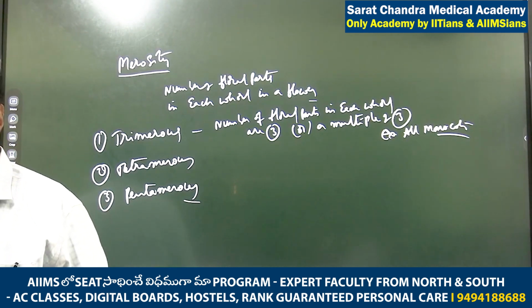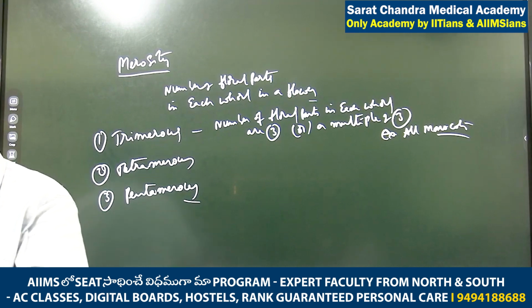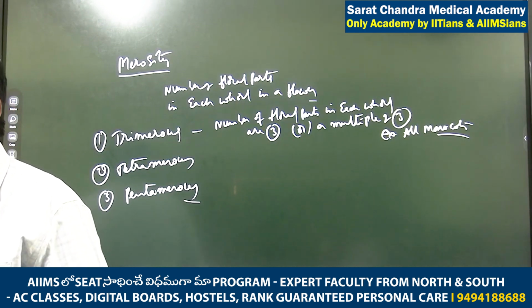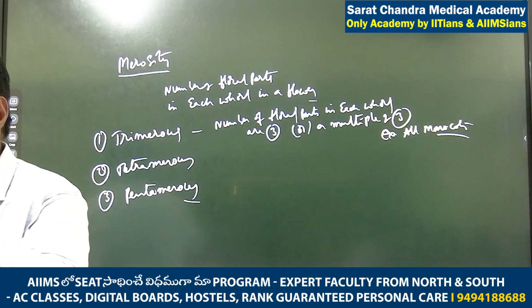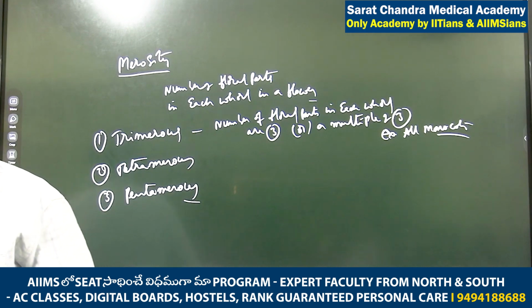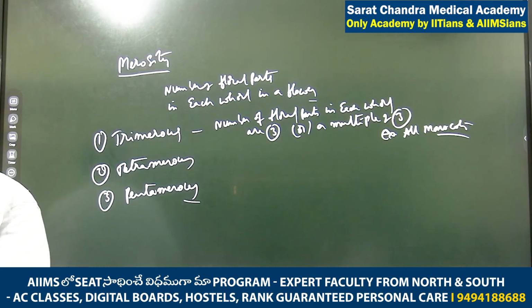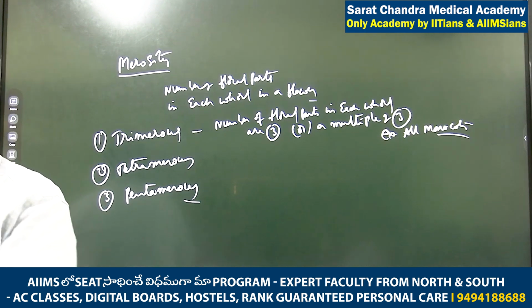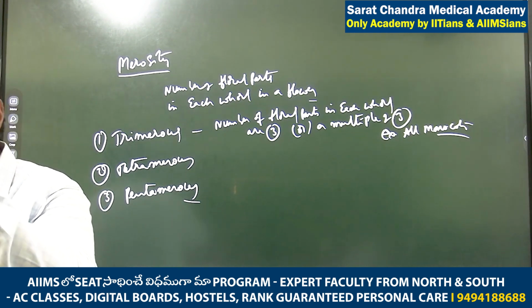Suppose in Fabaceae, the number of sepals is 5, the number of petals is also 5, the number of stamens is 10, but the number of carpels is only 1.